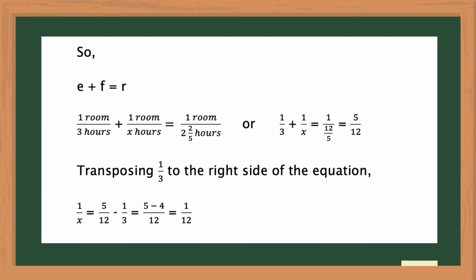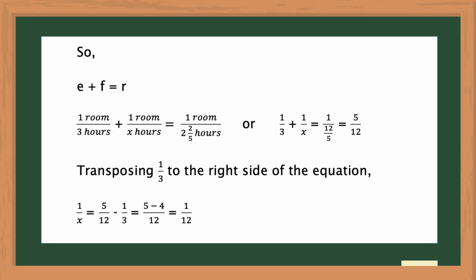So, E plus F is equal to R. Substituting, 1 room over 3 hours plus 1 room over x hours is equal to 1 room over 2 and 2/5 hours, or simplifying, it will become 1 third plus 1 over x is equal to 1 over 12 over 5, which this right side of the equation will become 5 over 12.